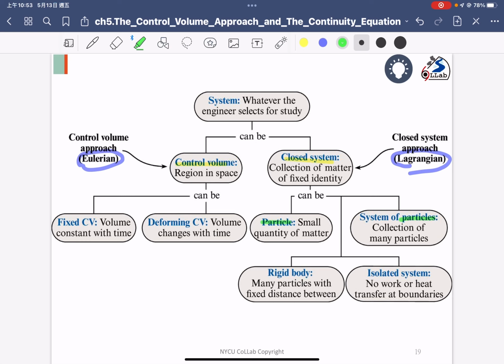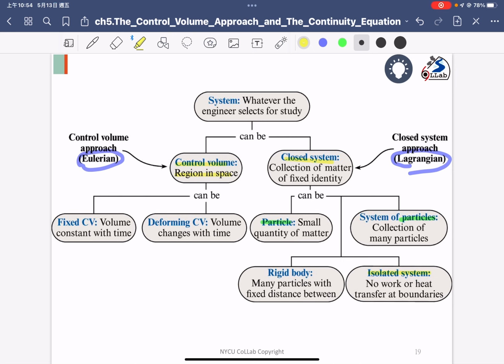different time periods. But for the control volume, we don't need to fix the particle. We just fix the region in space where we are looking. And the closed system is very useful for isolated systems, because in an isolated system the energy cannot dissipate.